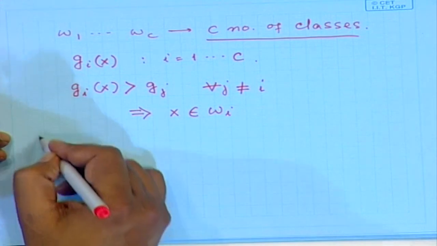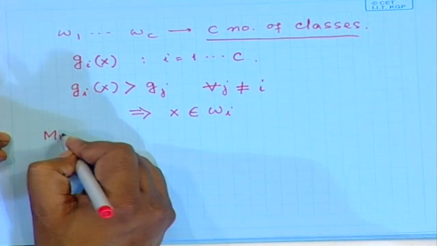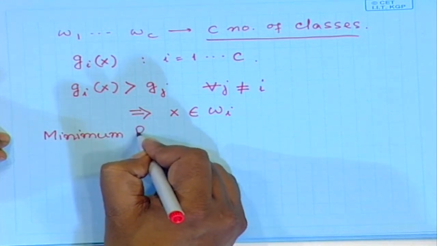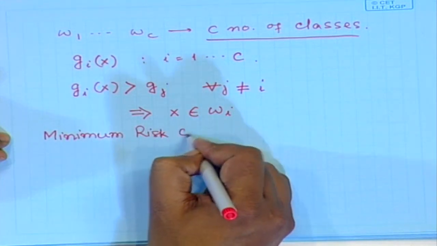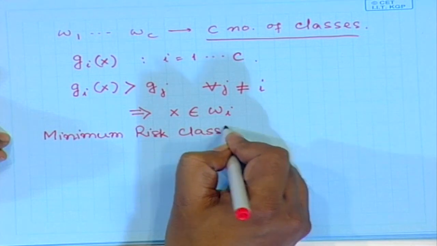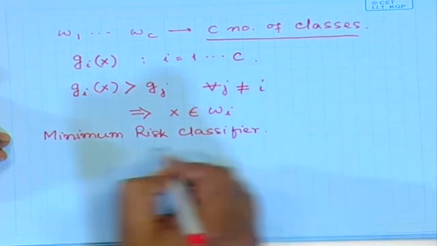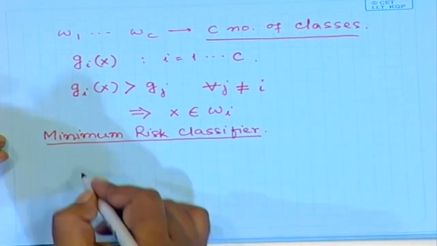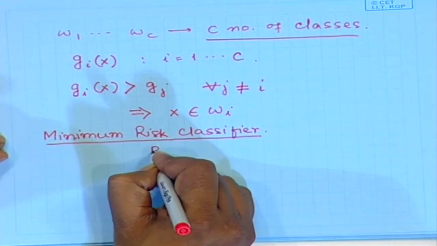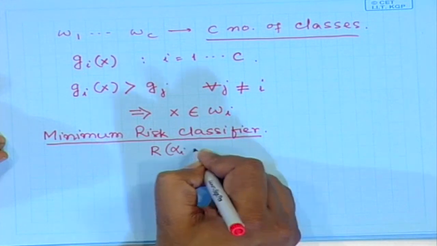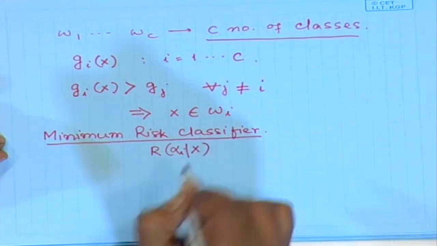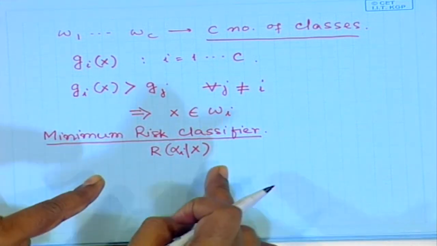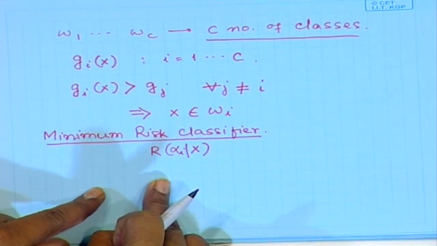If I go for the minimum risk classifier, my risk is given by R of alpha i given x for taking an action alpha i, and the risk has to be minimum to take an action alpha i.